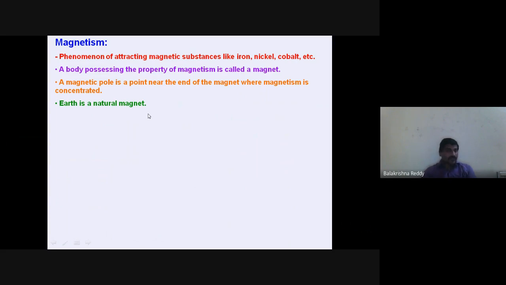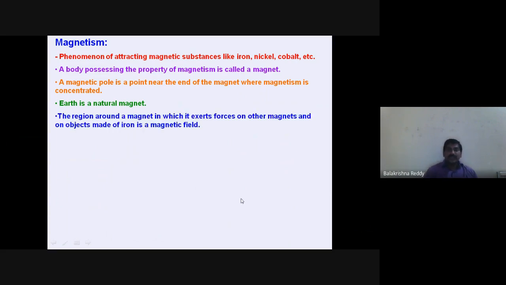One is lodestone, which we call a natural magnet, and the other natural magnet is the Earth. Earth is a huge natural magnet, which has north and south poles, geographic poles as well as magnetic poles. There, some amount of magnetic properties or magnetic radiation is exhibited. We know that.